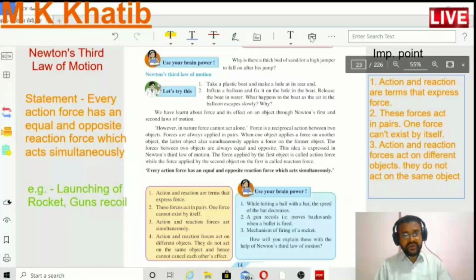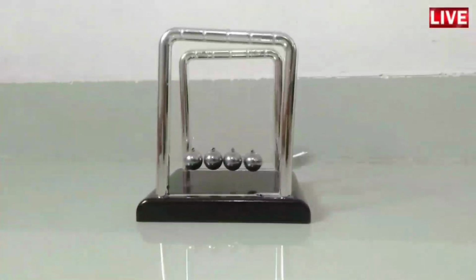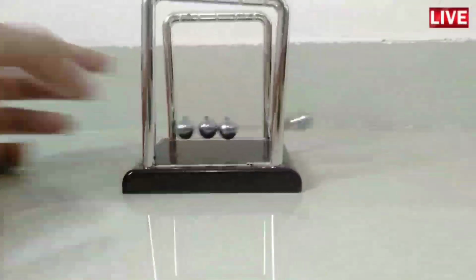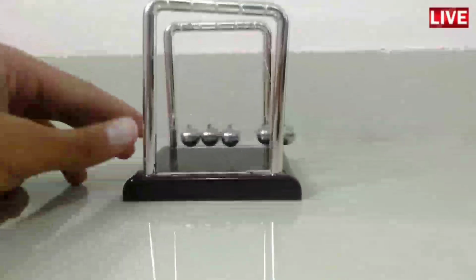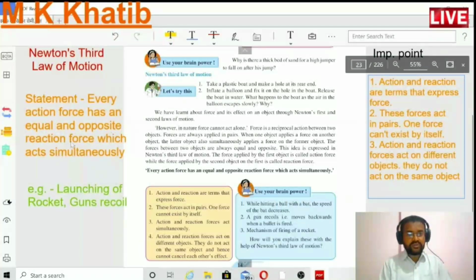The statement of the third law is: every action force has an equal and opposite reaction force which acts simultaneously. I repeat the statement: every action force has an equal and opposite reaction force which acts simultaneously.